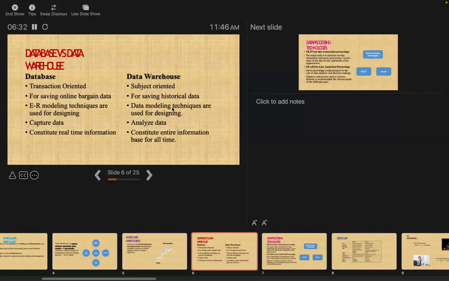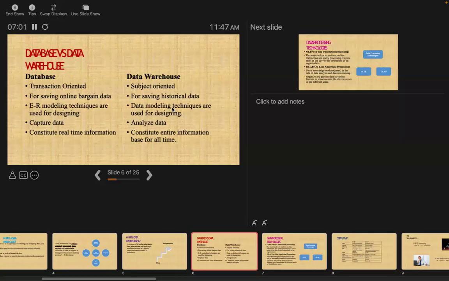Where a transaction happens, data is generated or deleted, that is the job of the database. But in the case of data warehouse, it is subject oriented. It is not just the transaction, because a transaction is happening in real time and generating data in real time. But in the case of data warehouse, we are more concerned about the historical data than current data.